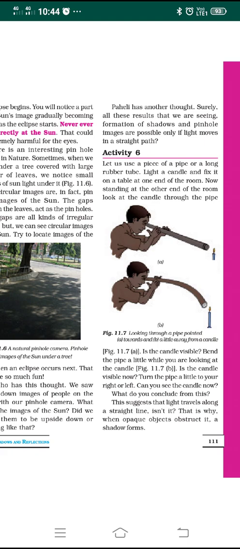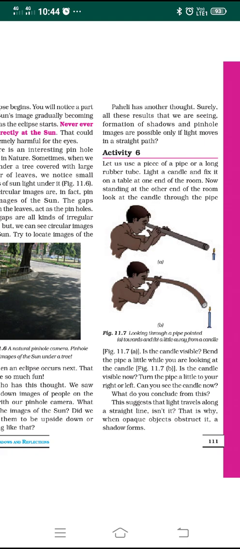When you do all three kinds of activities, it suggests that light travels along a straight line or a straight path, isn't it? Yes. That's why opaque objects obstruct it and a shadow forms.